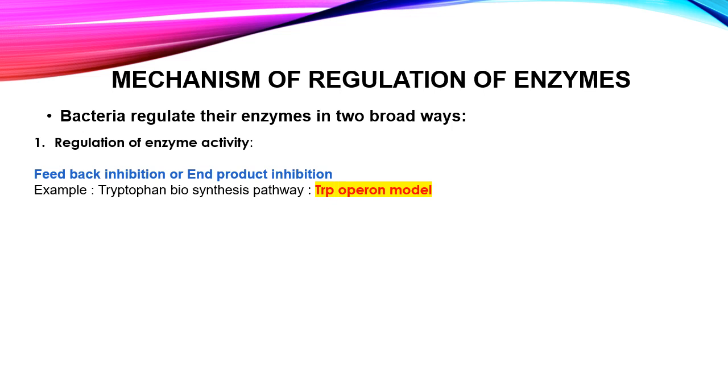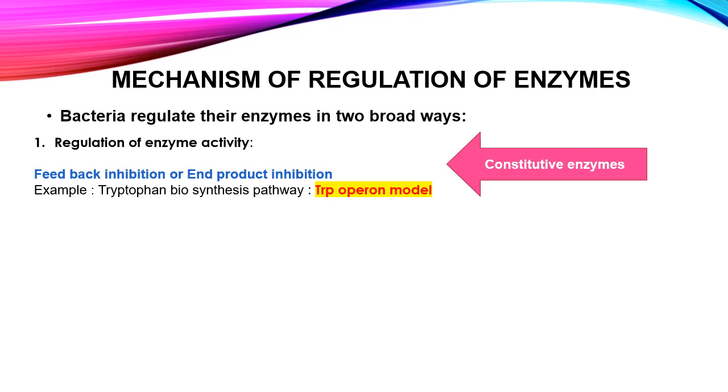Now focus on the words feedback inhibition or end product inhibition. What do you understand by this? This means that the product of a particular enzyme is inhibiting the activity of this enzyme. So it is basically dealing with the constitutive enzymes. We know that constitutive enzymes are always present in the system at a given concentration.